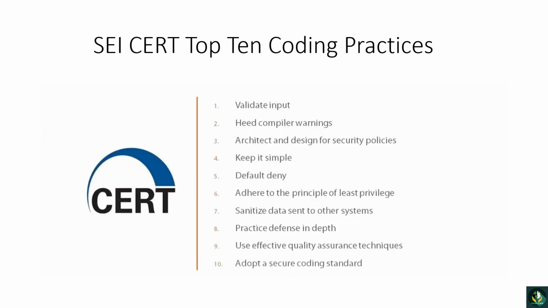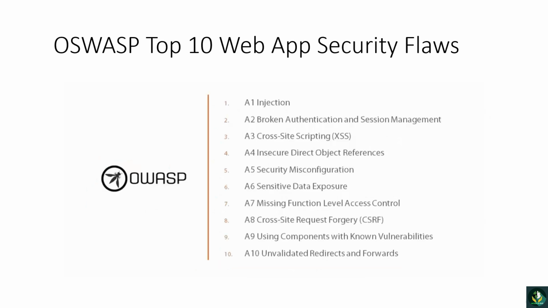And these are the top 10 coding practices, and the most important, I would say, are 1, 6 and 7: validate input, adhere to the principle of least privilege, and sanitize data sent to other systems. And also covering web app security flaws, mostly like A1 injection, A2, A3, A4 to A10.